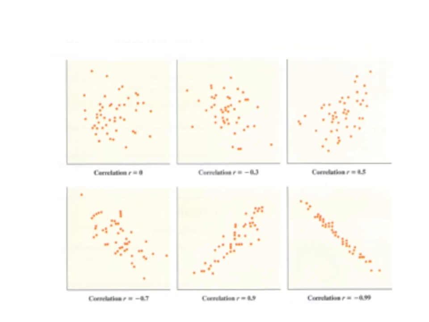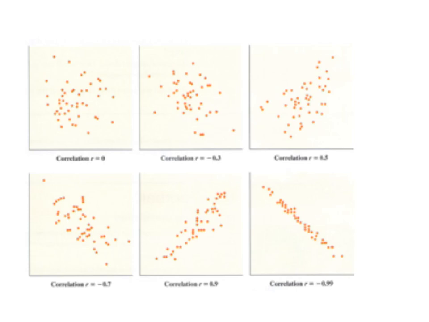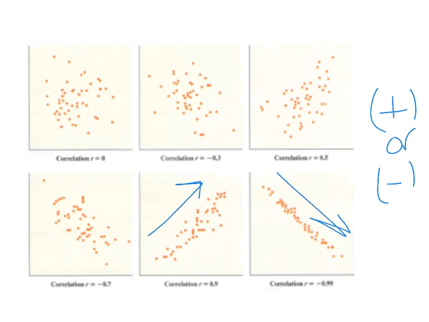You'll notice they can be positive or they can be negative. Negative ones show a negative association. Positive correlations show a positive association. Correlations will be between 0 and 1. The only way you will have a correlation of, well, actually they would be between -1 and 1.